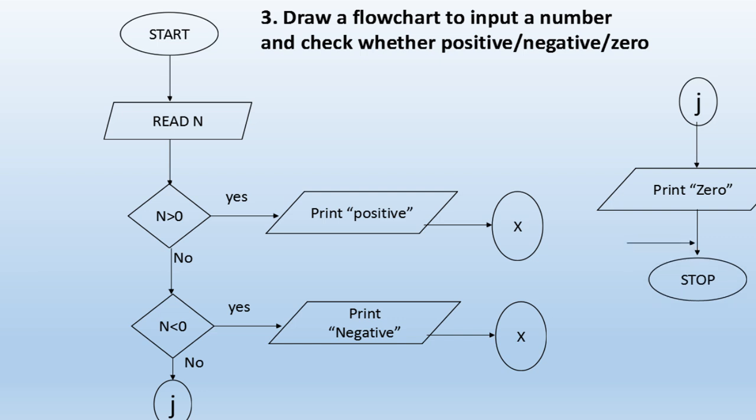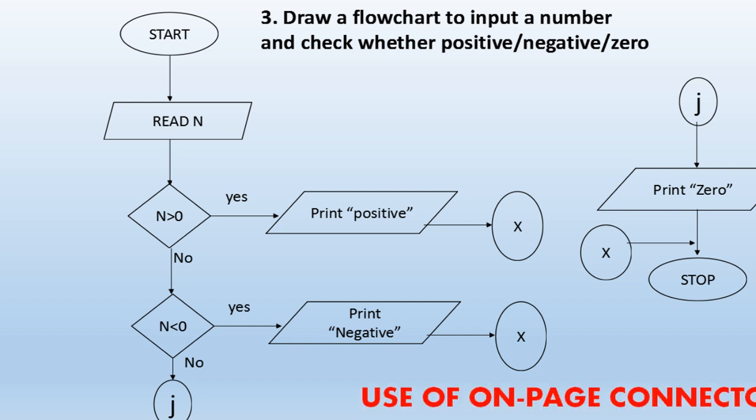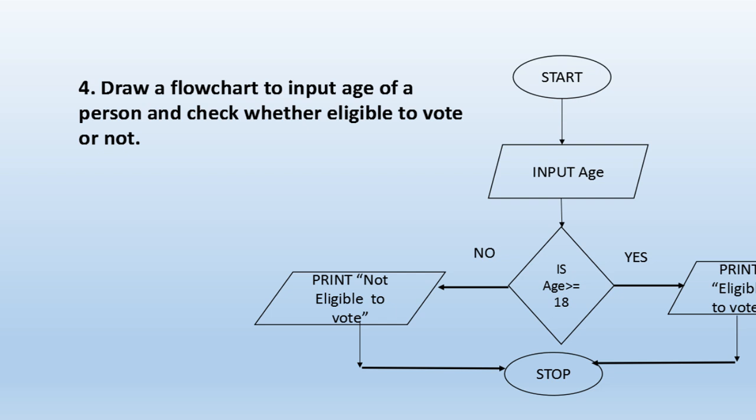And then you see the connector. So from here, if it is positive, it will go and stop here, and if it is negative, then it will join this connector and stop, right? So this is the on page connector. If it is on the same page, it is an on page connector; if it is on a different page, then you have to use the off page connector. So here I have shown you how the on page connector works.